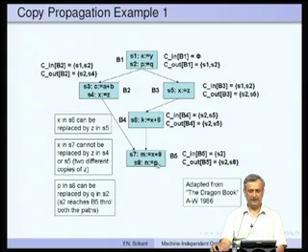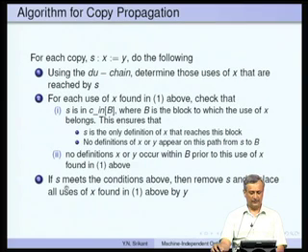It can possibly be replaced by the previous value if it was a copy within the basic block, but definitely not by S2. So, if S meets the conditions above, then remove S and replace all uses of x found in 1 by y. This is copy propagation.